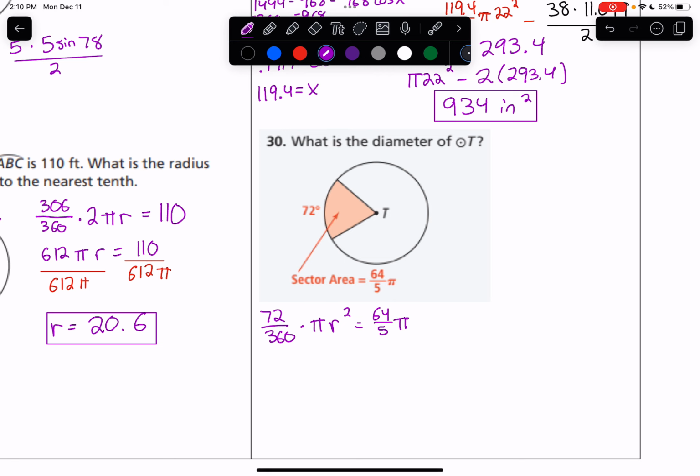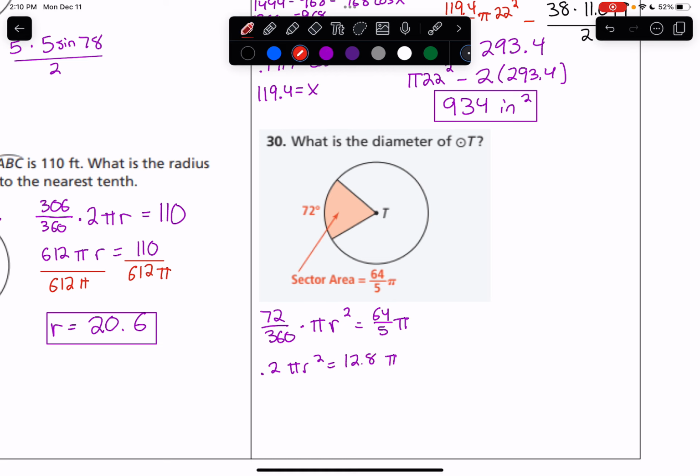Then we can go ahead and simplify this. I'm going to turn 72 over 360 into a decimal and also 64 over 5 into a decimal because I'm just tired of working with fractions. So I'm going to call that 0.2 pi r squared equals, and then 64 over 5 is 12.8 pi.